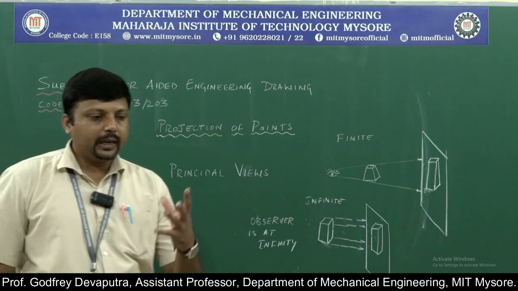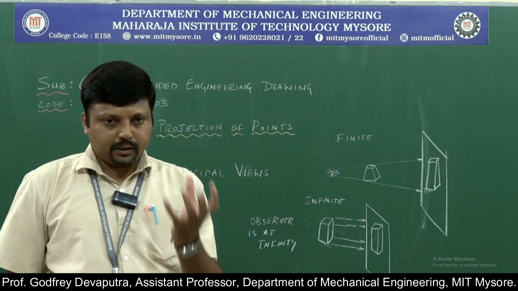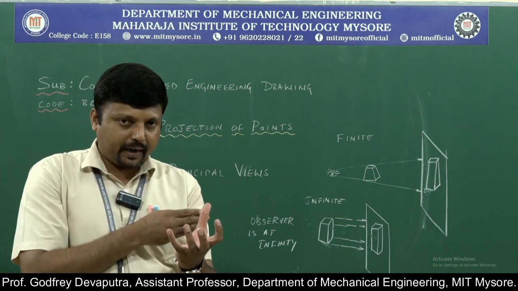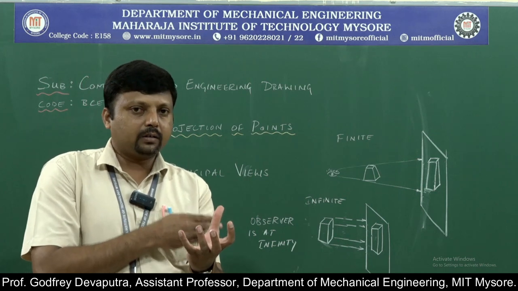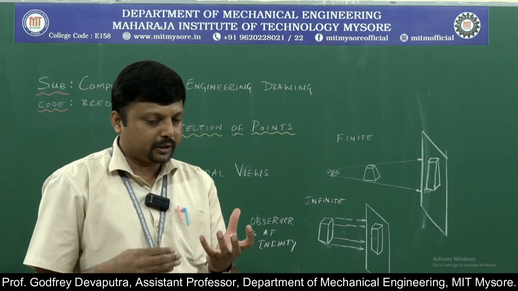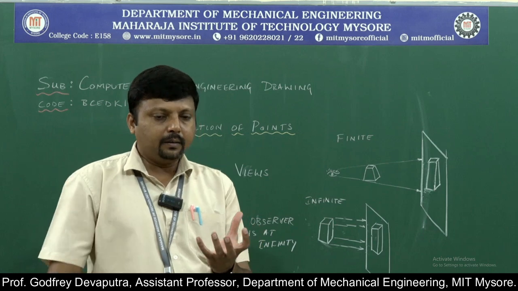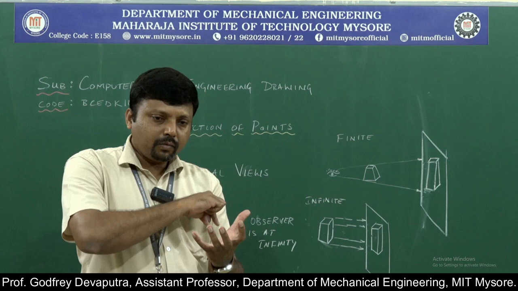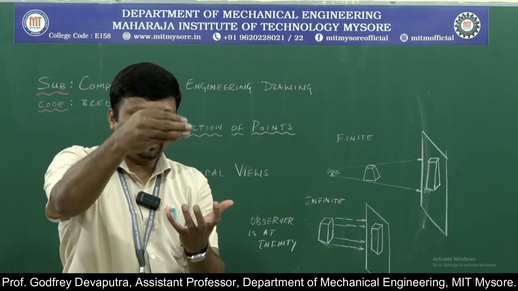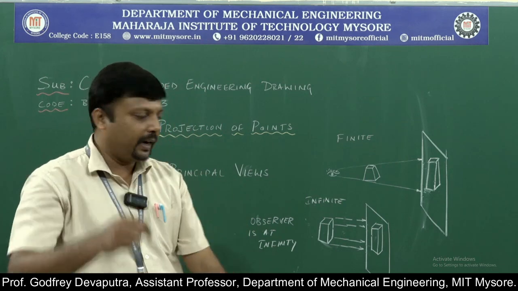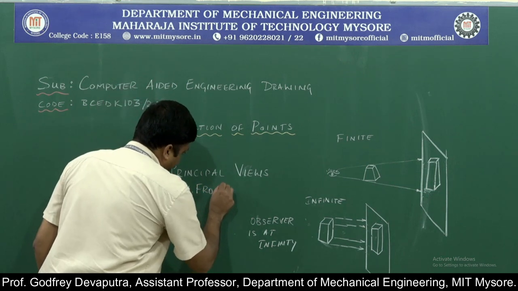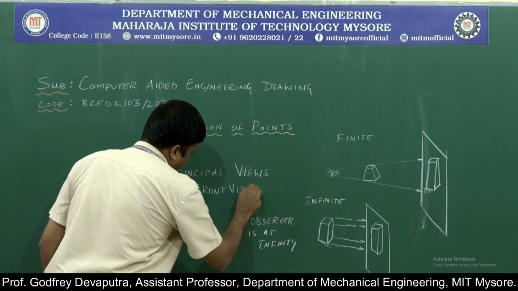Okay, so if I consider that the object is stationary and there is a plane of projection, and if I am looking from the front of the object and projecting an orthographic view onto the plane of projection standing vertically, the view that I am focusing on the vertical plane is called as the front view. So there is one view called as front view.